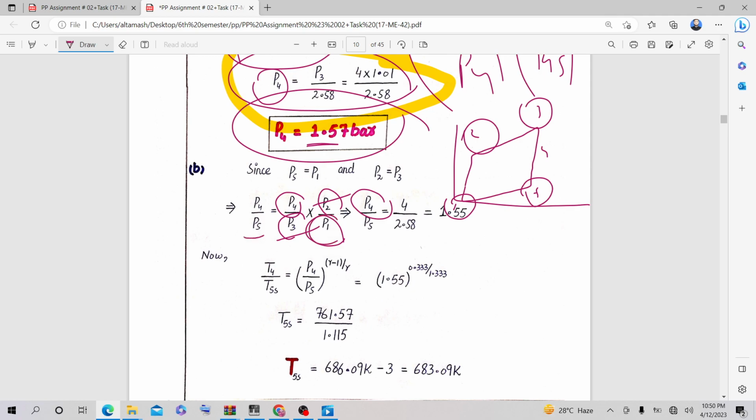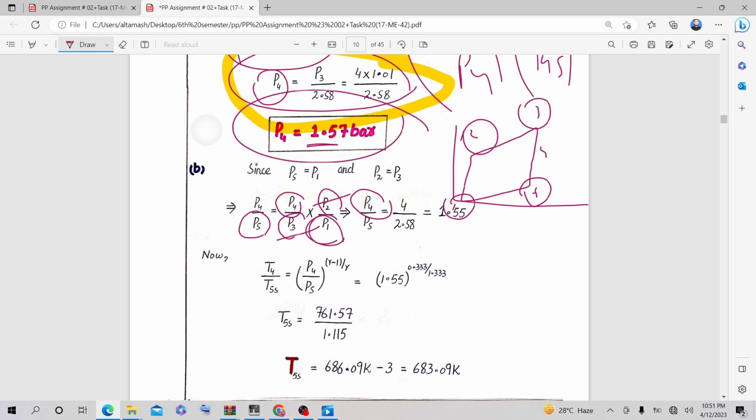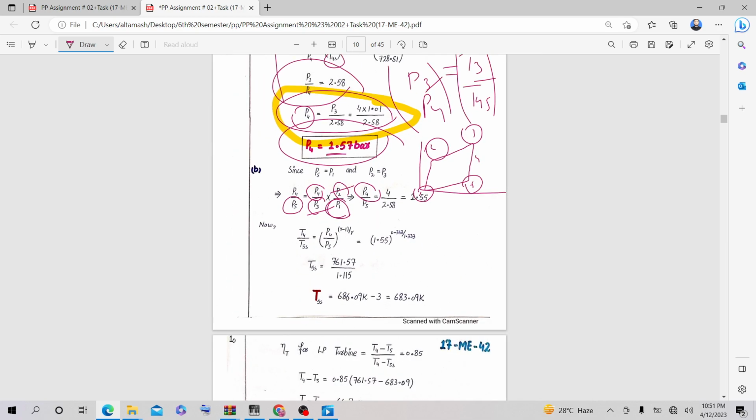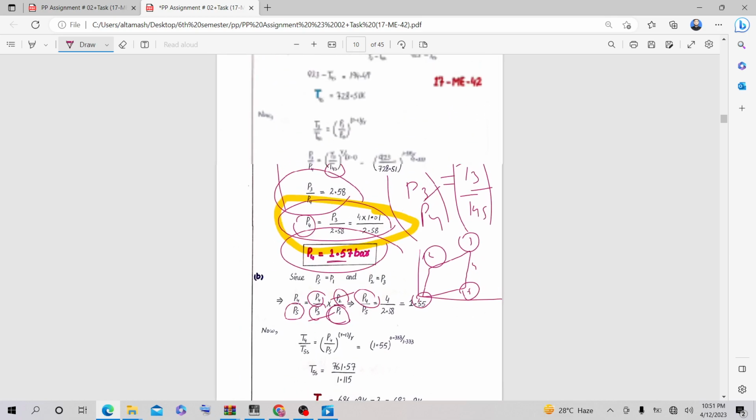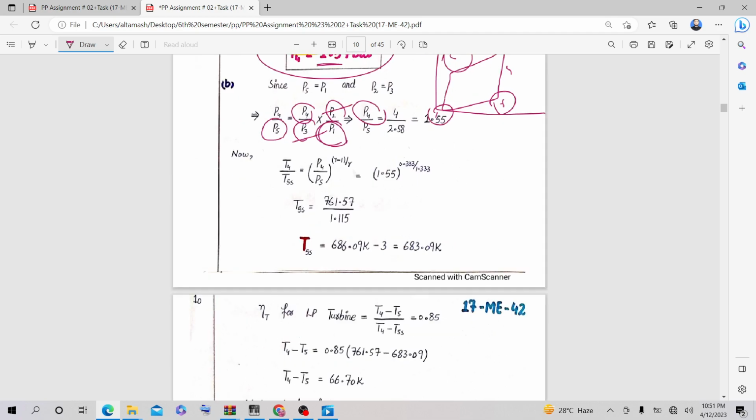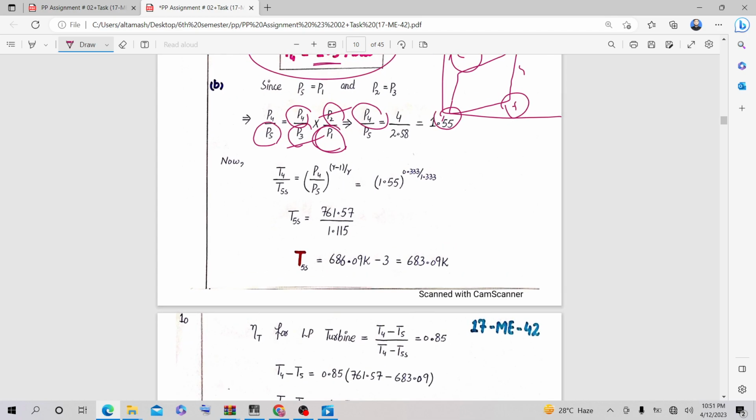For P5 we will use the value of P1, because P5 and P1 are on the same pressure line, so the pressure is equal, and this pressure we have found already. So this is the basic trick that we used here in order to find the value of P4.